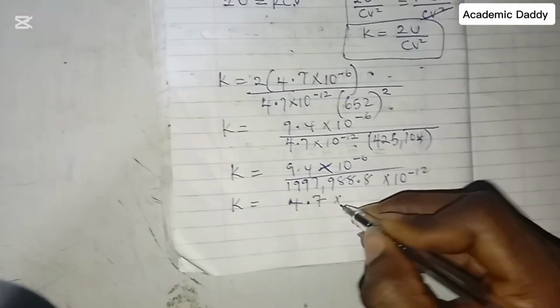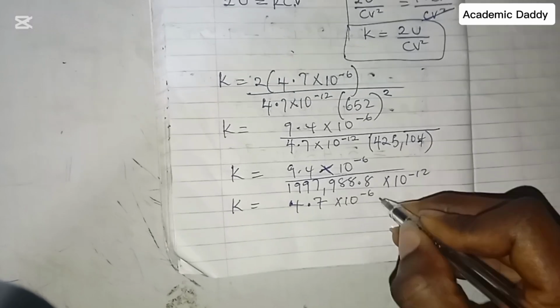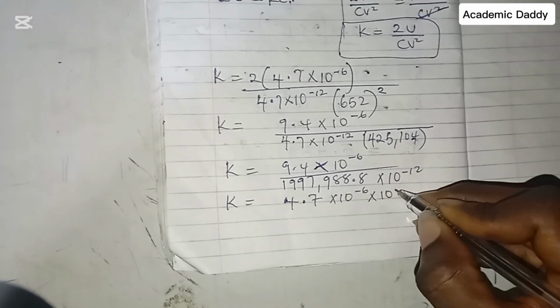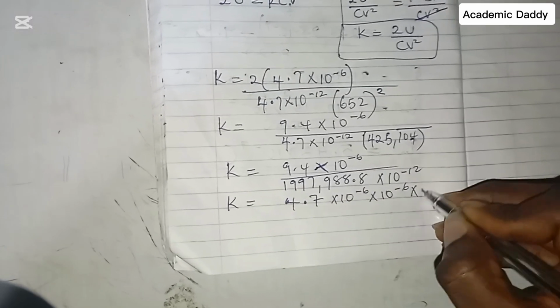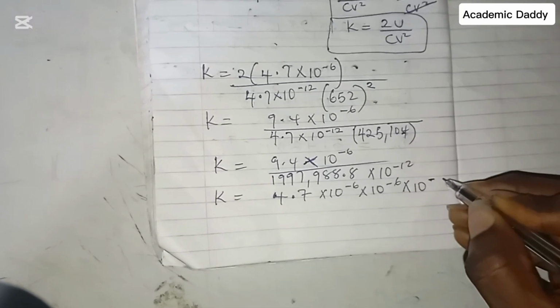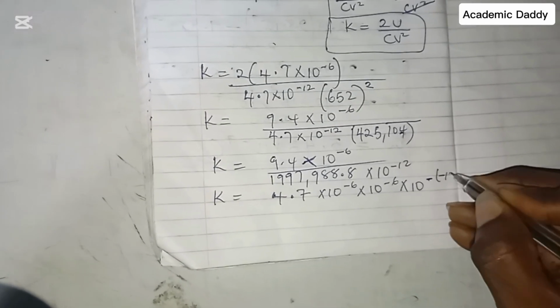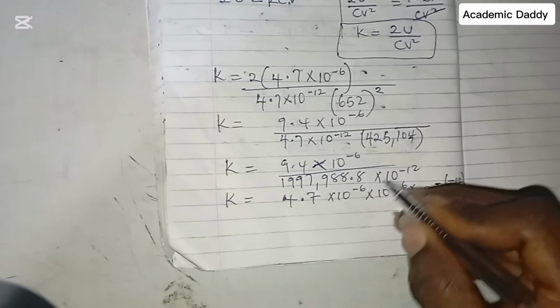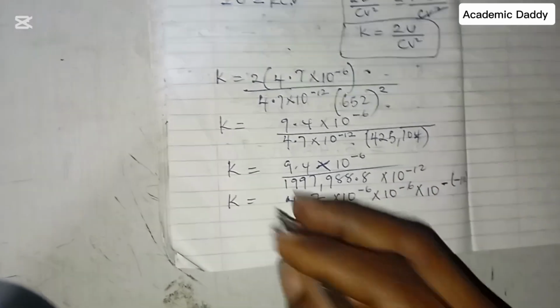4.7 times 10 raised to the power minus 6 times 10 raised to the power minus 12. That is, if something is at the denominator, to show division is 2 minus.